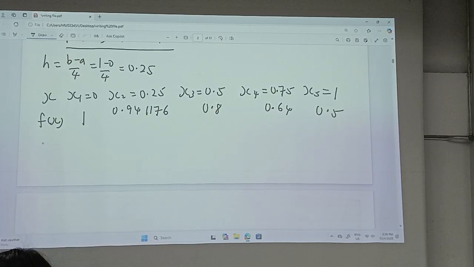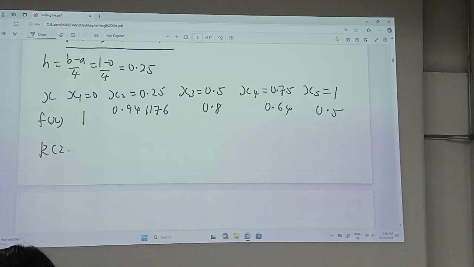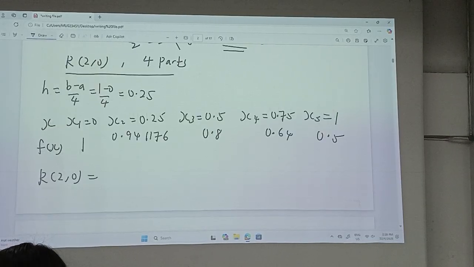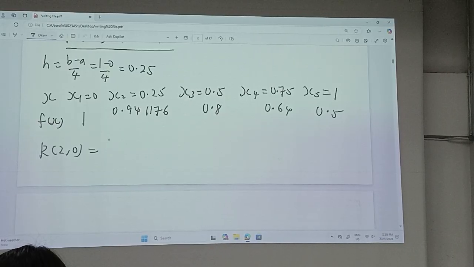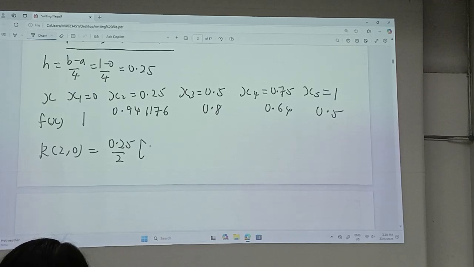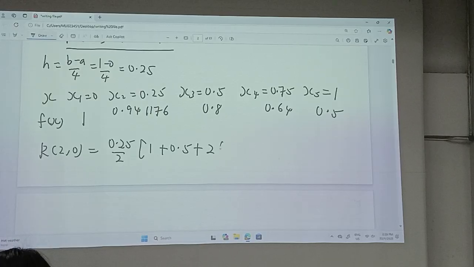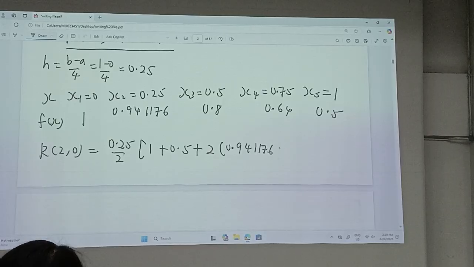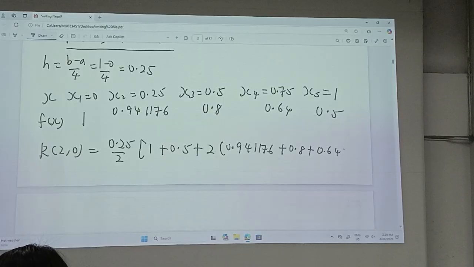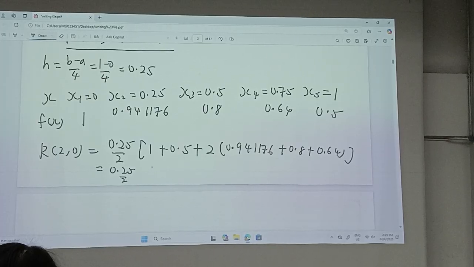Okay. So now we can get R20. So h over 2, 0.25 over 2. First one plus last one, plus 2 times the others.